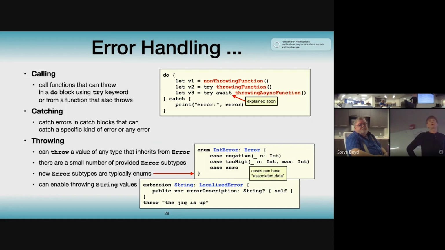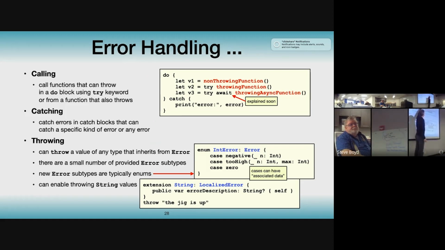Any of them could throw. In Swift, you have to be explicit about that. And so I look at this line, and there's no try in front of it. And so I know that that can't throw, or else my code wouldn't even compile. If it could possibly throw, you have to put the try keyword in front of it, in front of every one of your calls that might throw. And also, if it is an asynchronous function, you need the await keyword.